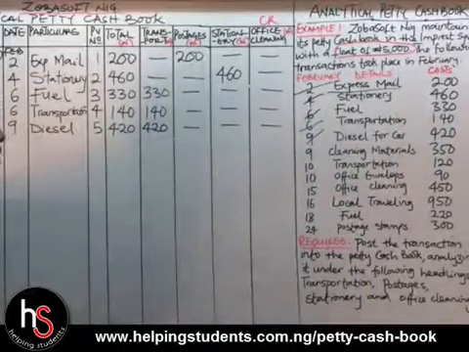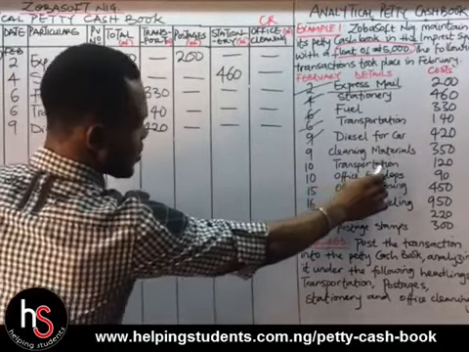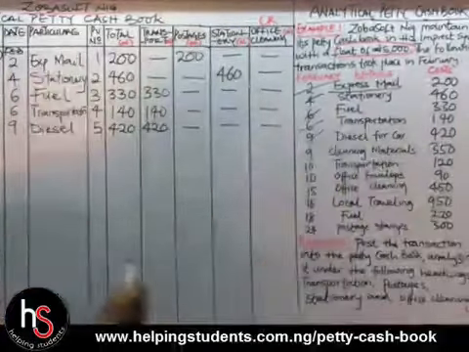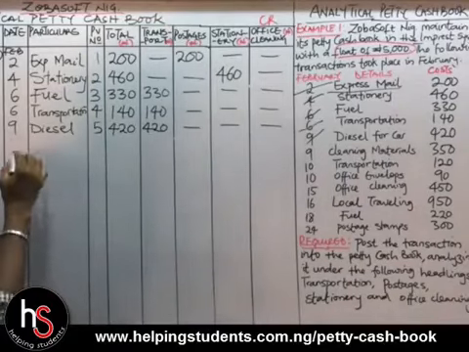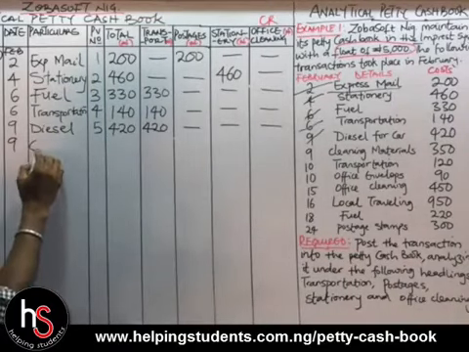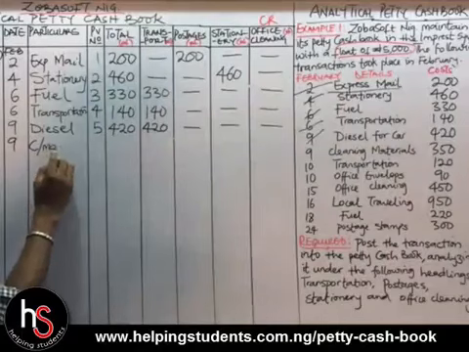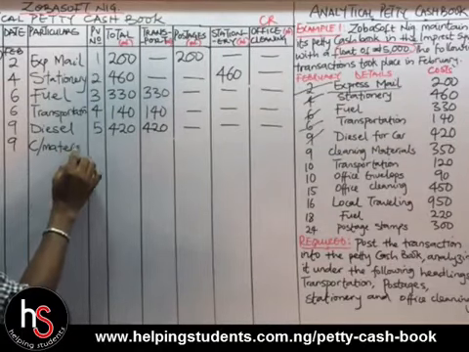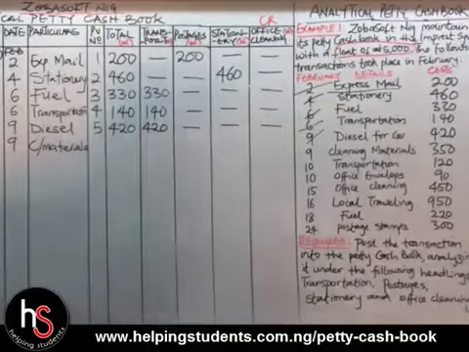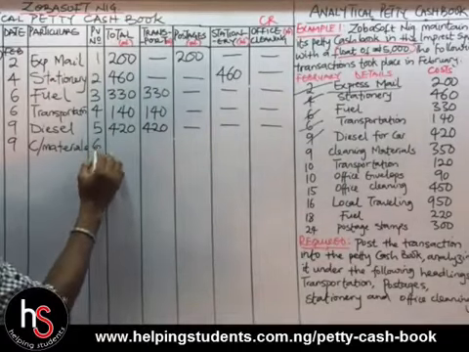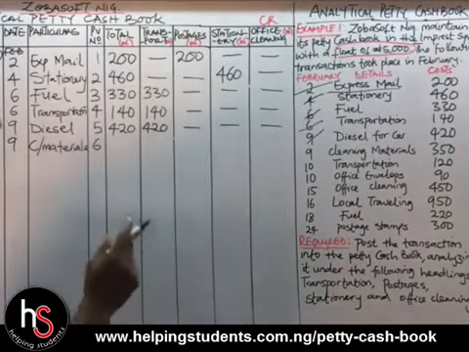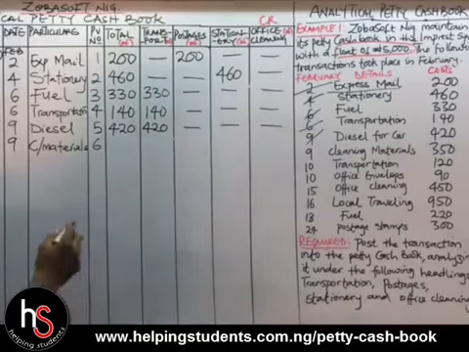Now on the same 9th, cleaning materials, 350. So we write the same 9th and we have what? Cleaning materials. Now, what do we have under our PV number? To be 6. Okay? 6. How much is the cleaning materials? 350.